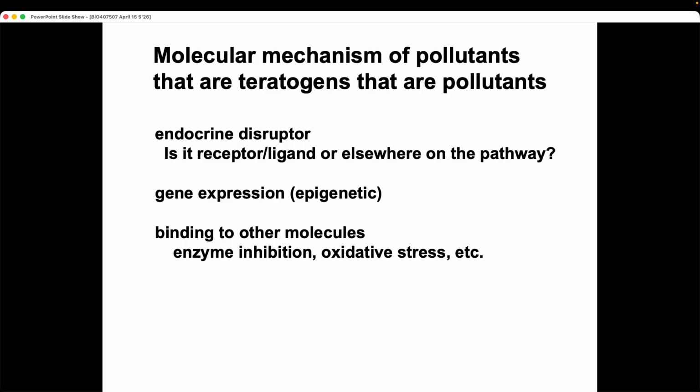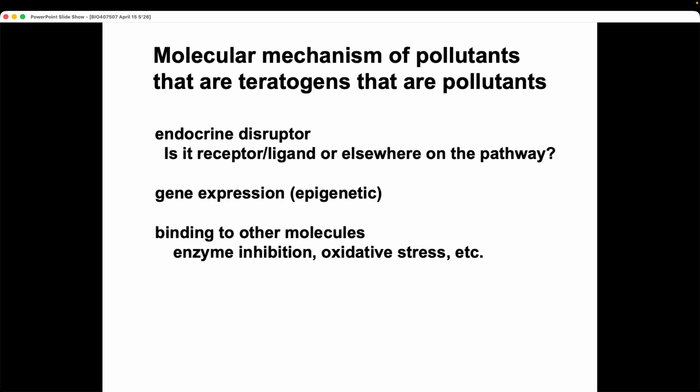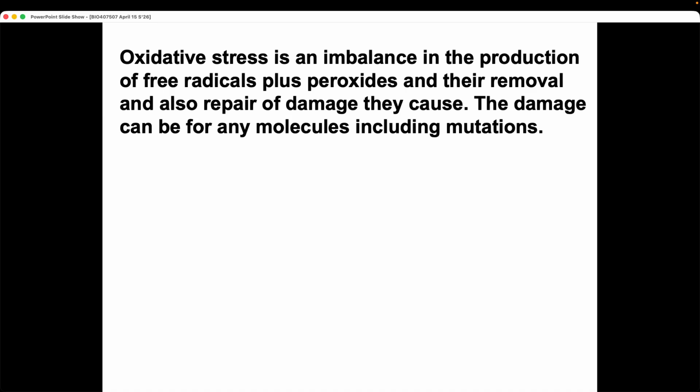We can talk about biochemical pathways, but we can also talk about pathways using these kinds of words. Here's the thing, we haven't mentioned oxidative stress. That actually is a very common part of the key events, or the steps, in teratogenicity or endocrine disruption. And so I put a little definition of this up here.